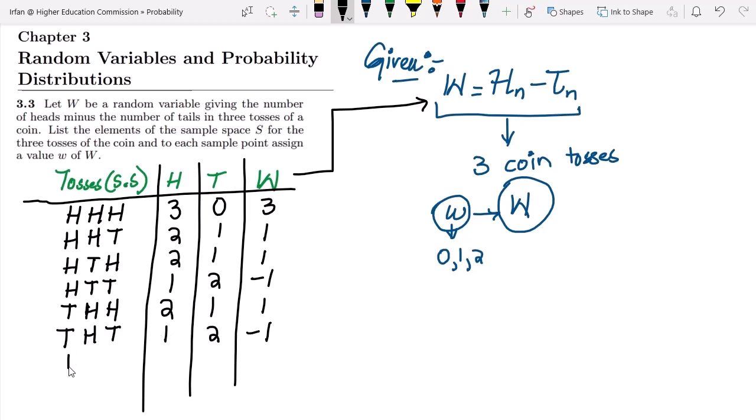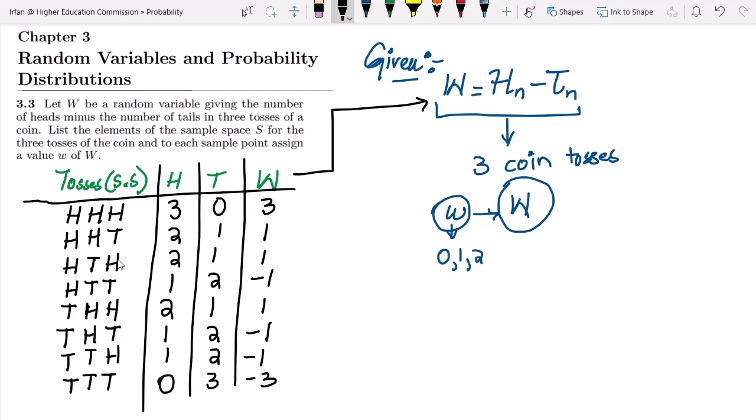Similarly tail, tail, heads. Now we have 1 head, 2 tails, and the value of W would be 1 minus 2, so this would be minus 1. And the last one here would be tail, tail, tail. So 0 heads, 3 tails, so 0 minus 3 would be minus 3.